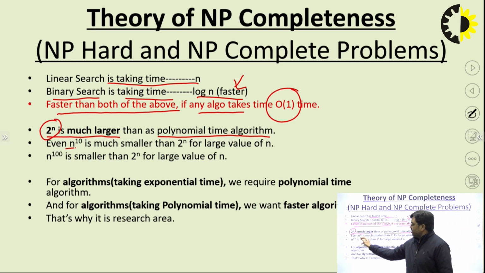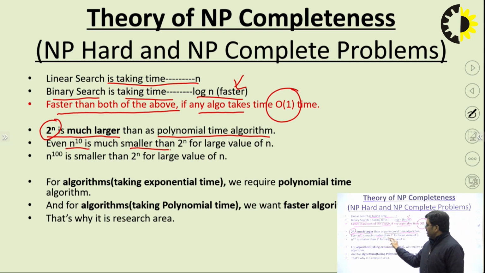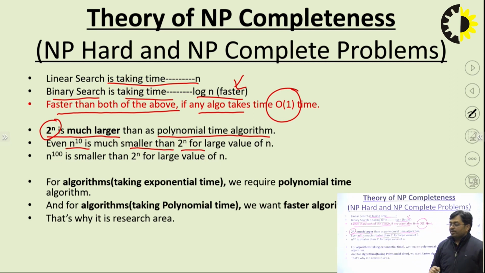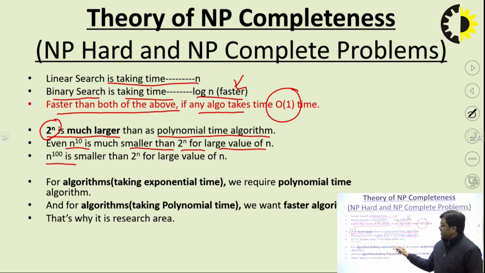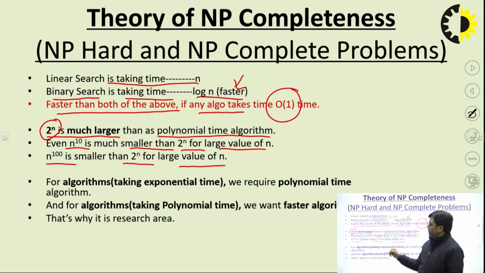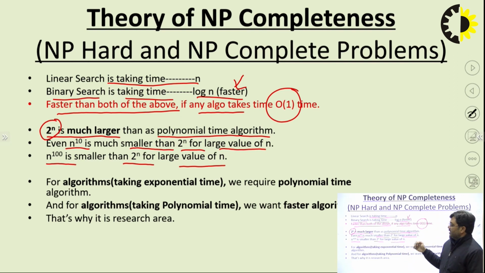Even n raised to power 10 is much smaller than 2 raised to power n for some large value of n, and n raised to power 100 is smaller than 2 raised to power n for large values of n. If we take the power of n as 10, 100, or 200, it will be smaller than 2 raised to power n.